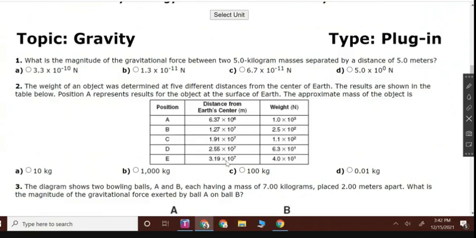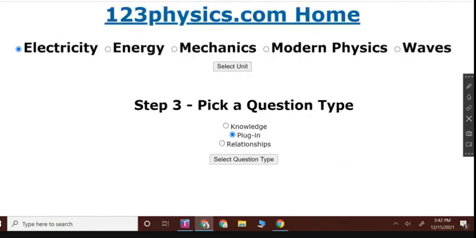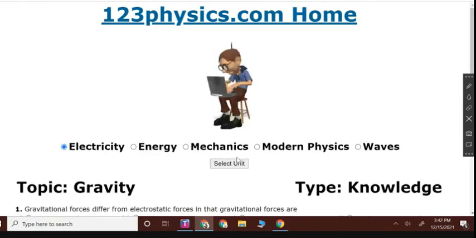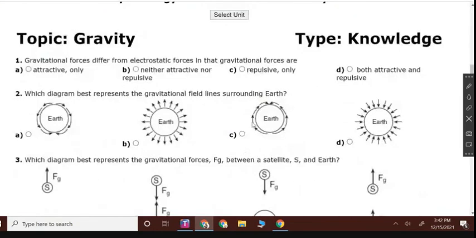Let's take a look at gravity knowledge. You've got to know gravity is always attractive. You do know that, right? There's always attraction. I like 2 as well. Gravity is attractive, so the force is going to be pulling in.